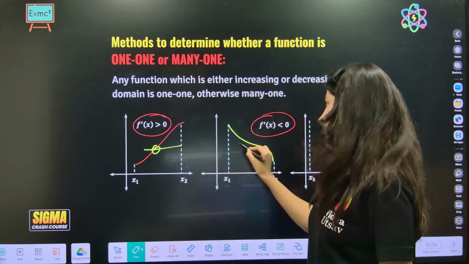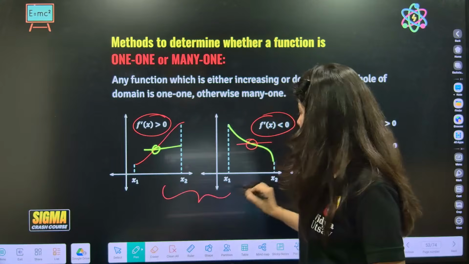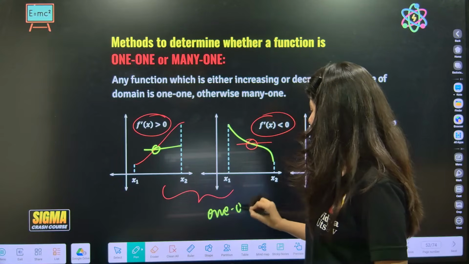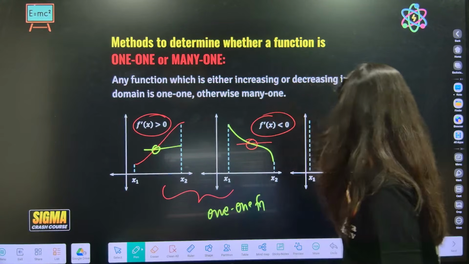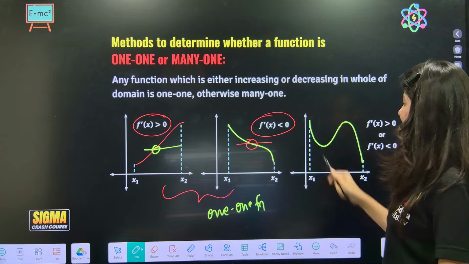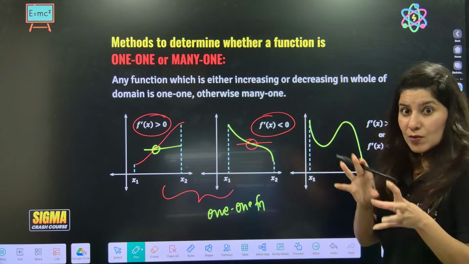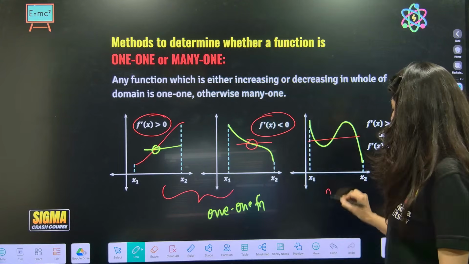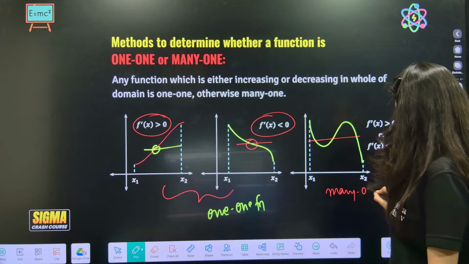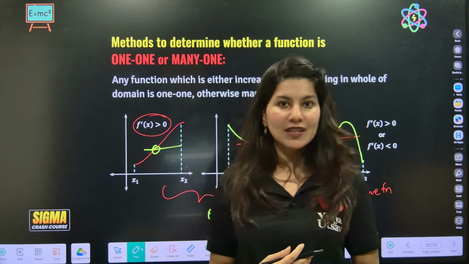If it is decreasing, then also the horizontal line test will give one-one. So these two come under the category of one-one function. But if your function is sometimes increasing, sometimes decreasing, that means your derivative is sometimes positive, sometimes negative, then this is a many-one function. And we can use this technique to solve a JEE Main 2025 PYQ.